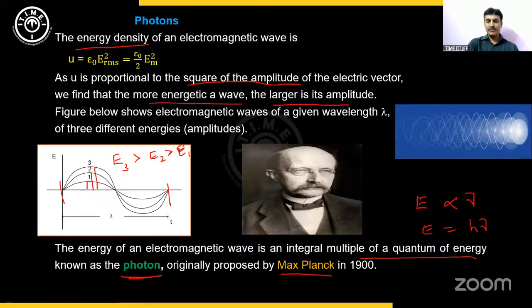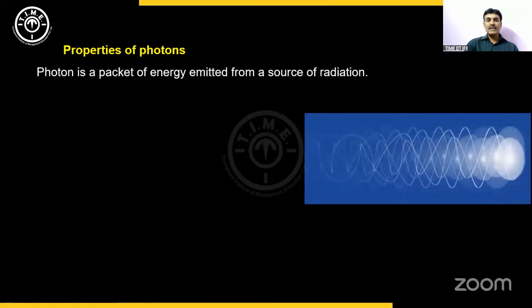Okay. Next, coming to the properties of these photons. Photons travel with the speed of light, which is 3 into 10 power 8 meter per second. And a photon is nothing but a packet of energy emitted from a source of radiation. The photon is shown here.